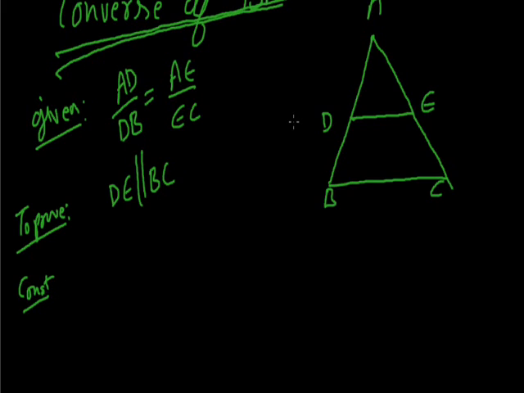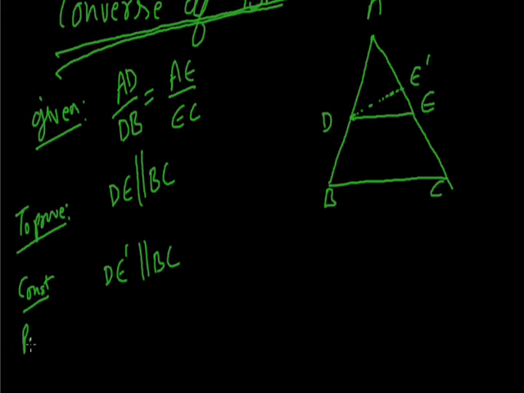Let's say, if possible, DE is not parallel to BC. Now there must be a line which is parallel to BC. Let's construct that line and name it DE dash. Let us draw DE dash parallel to BC.